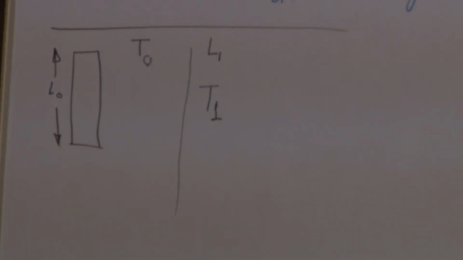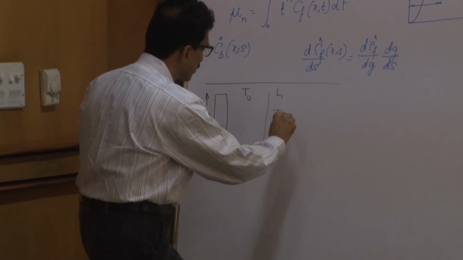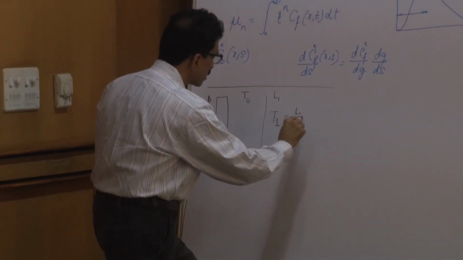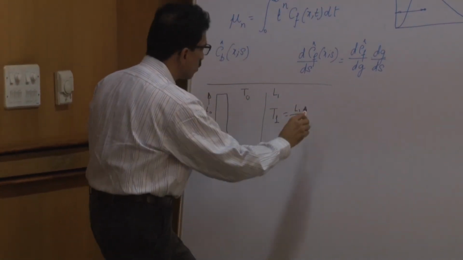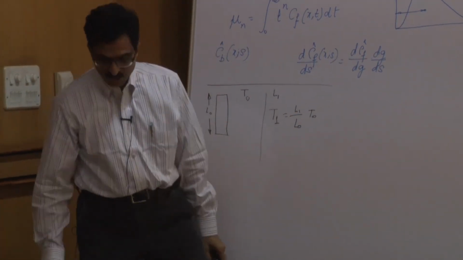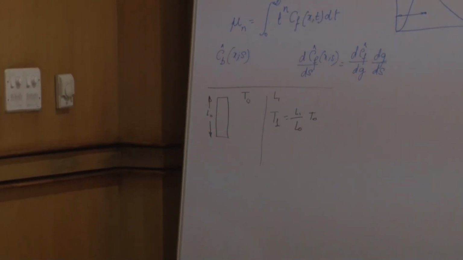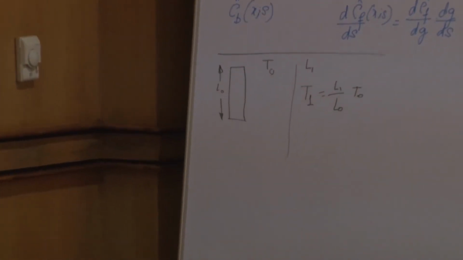Twice. I changed the column length to 2 times, so I expect the travel time would also increase by the same factor. So if my new column has a length of L1, my first estimate of T1 is simply L1 over L sub 0 times t sub 0. t sub 0 is a random variable. Since I did the experiment at L sub 0, I have the probability distribution function of the travel time.